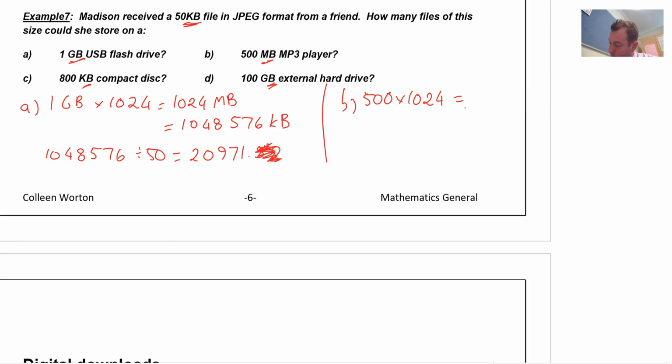This was supposed to be faster, obviously. That hasn't worked terribly well. It is 512,000. 512,000 divided by 50 is exactly 10,240. So you can see it's roughly that, a bit less than half of this. All right, close. That's B done.